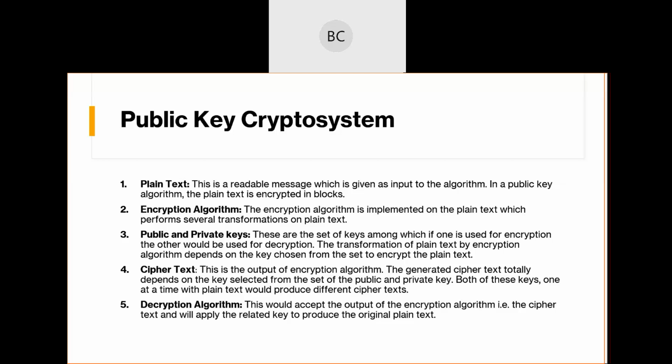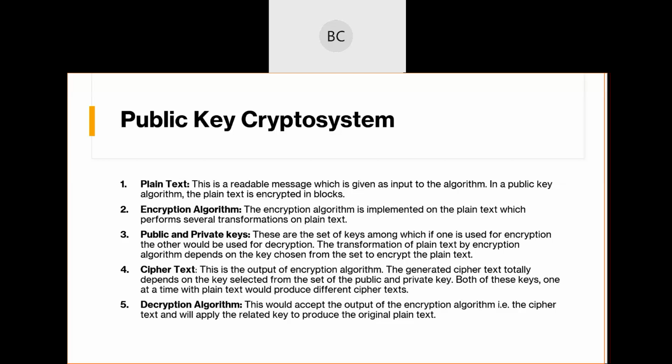One is plain text. You guys already know what plain text is. It's just the readable message which we give as input. Then is your encryption algorithm. With the help of this algorithm, we convert plain text into ciphertext. We perform different transformations. Then we have the public and private key. The difference is here.